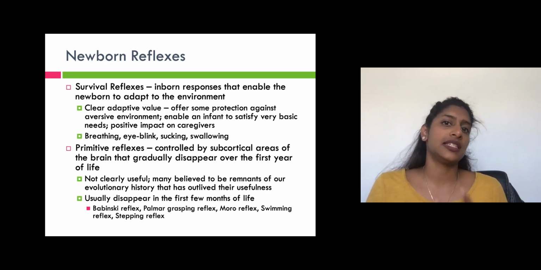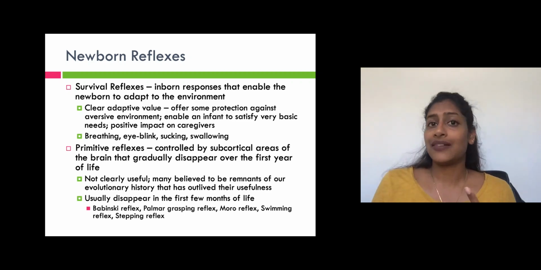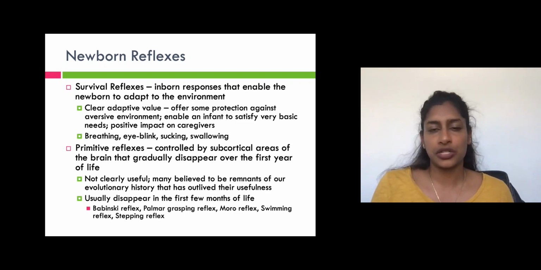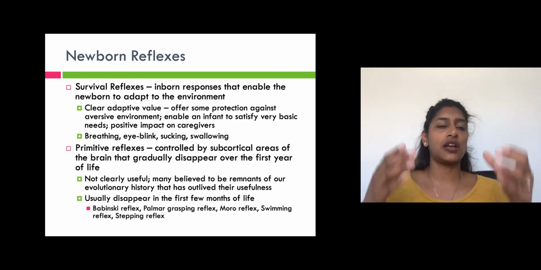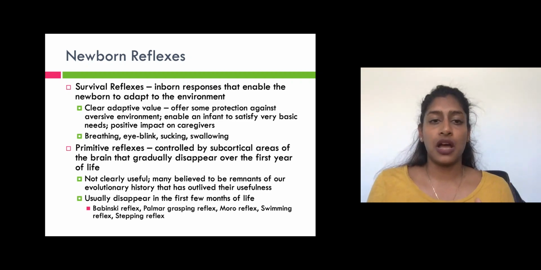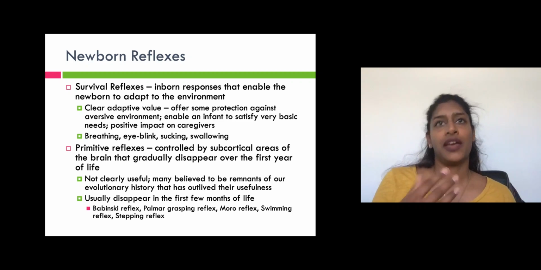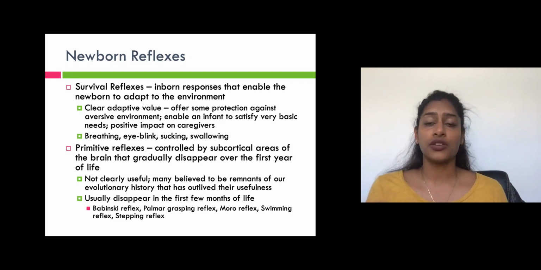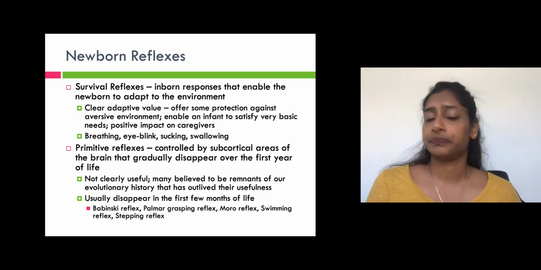In fact, it disappears sooner. About 6 weeks after a child's born, you won't see this anymore. If you hold a 3-month-old upright, the child will not step. This will then reappear later on when a child is beginning to walk.